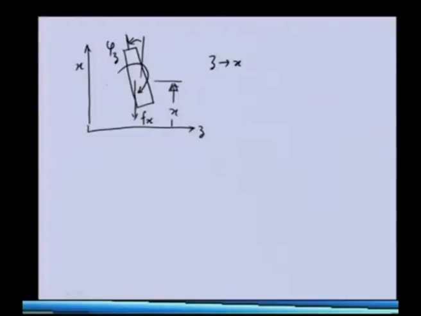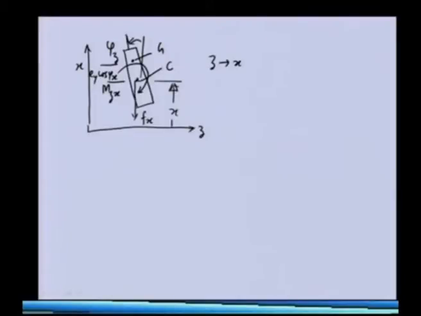This will be in the clockwise direction. This will be Mzx. Now, if we see, this is the center of rotation, C, and the center of gravity is here, G. Then this vertical distance is nothing but Ey cos phi x.